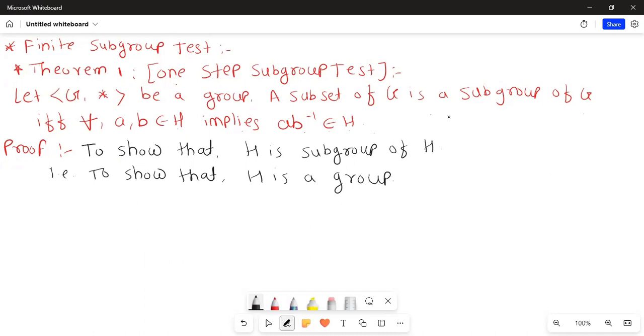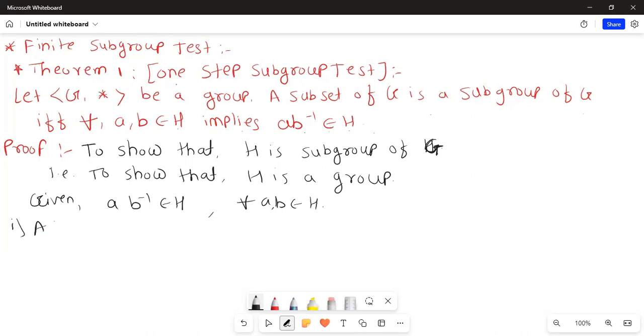To show that H is a subgroup of G, that means we have to show that H is a group. Then given, क्या दिया है? a·b inverse belongs to H है for every a, b belongs to H. तो ये हमें प्रूफ करना है ग्रुप के लिए. तो उसके लिए हमारे पास जो प्रॉपर्टीज है वो हमें प्रूफ करना है.